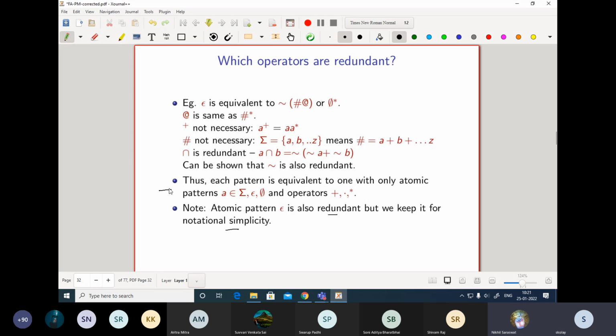It is possible to sequentially get rid of all these symbols, keeping epsilon for simplicity, and get an equivalent pattern where the symbols only come from A, epsilon, null set, binary plus, concatenation and unary asterisk.